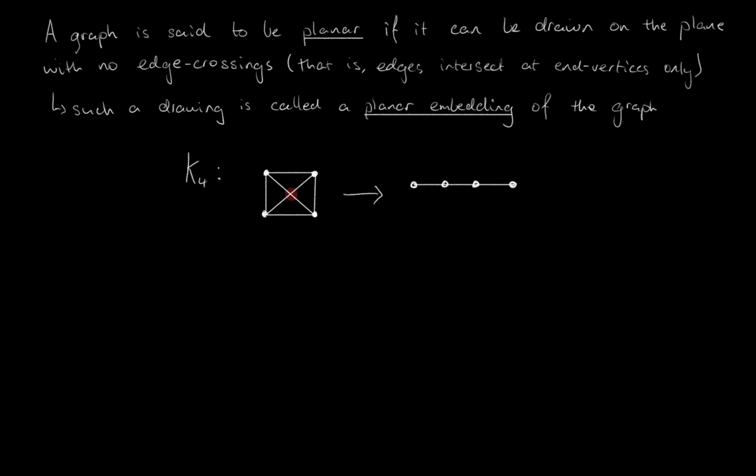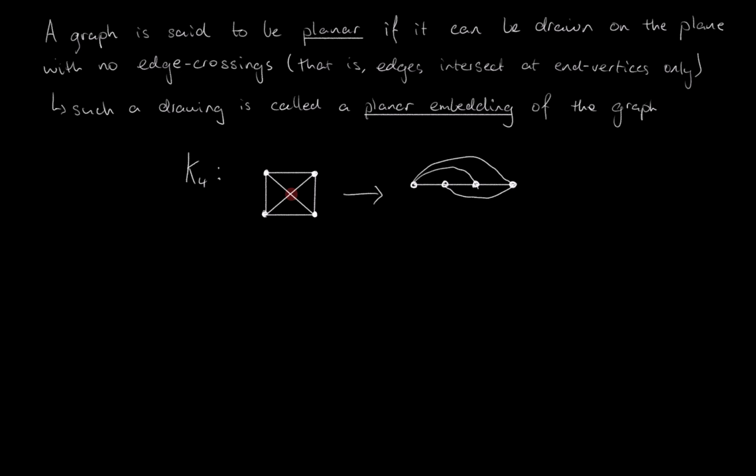What I can do is draw an edge between this vertex and this vertex, another one like that, and then another one like this. So now we have every pair of vertices in this graph having an edge between them. So as you can see, there are no edge crossings.